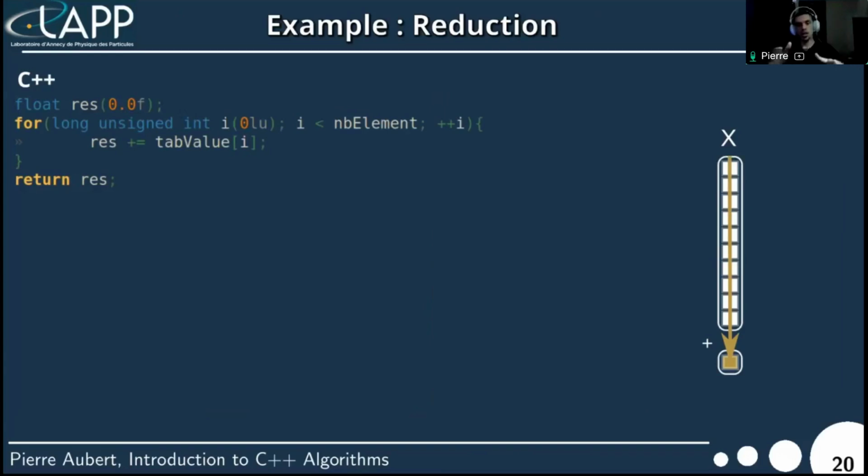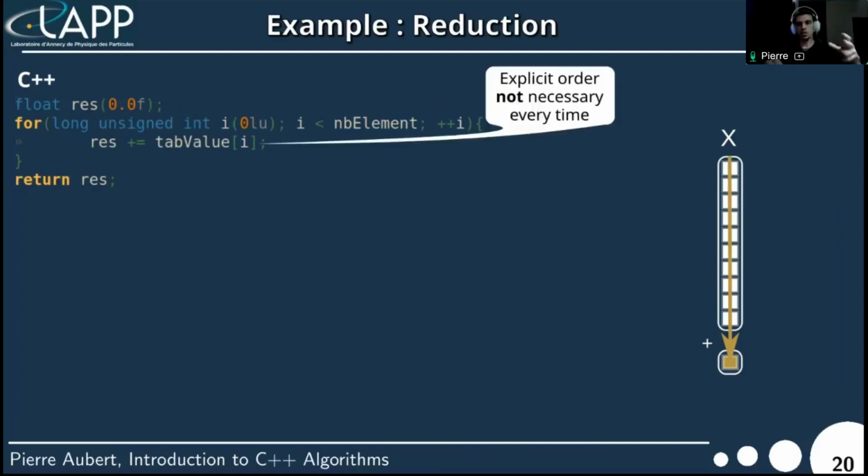So don't do that. Here, I'm doing that because I know I will sum only a few thousand elements, not much. And I know also my data are well conditioned. So I will not have big values with really small values and stuff like this. Everything is well conditioned and I don't have too many values. So I can do this kind of stuff. And for the same reason, we will assume here that we do not need an explicit ordering.